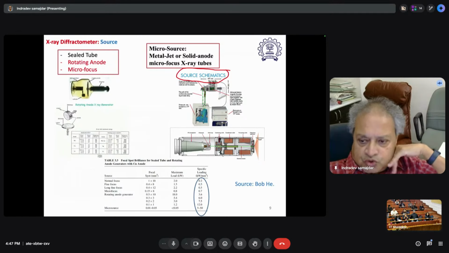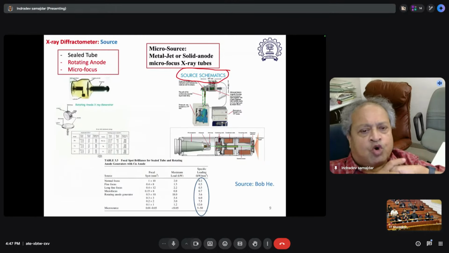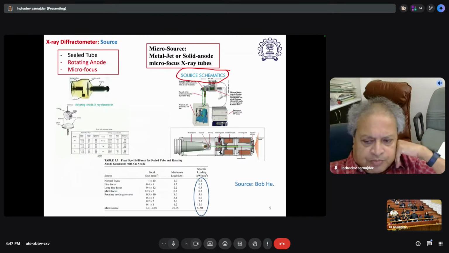Last one is the micro source. This can be as low as 50 watt. We have a 50 watt source. Armed with multi-layer mirrors, you end up putting a lot of X-ray at a very small spot. Most important thing is the specific loading or beam loading.